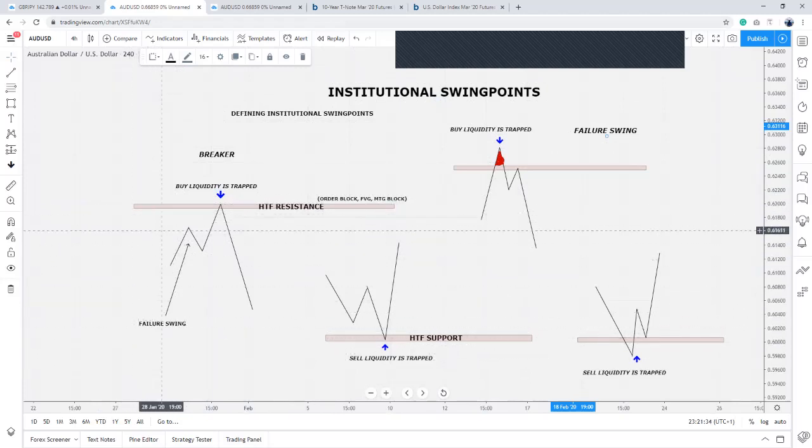As price starts to approach a higher time frame resistance level, IPDA starts to move price towards that level, so price keeps driving higher and higher.